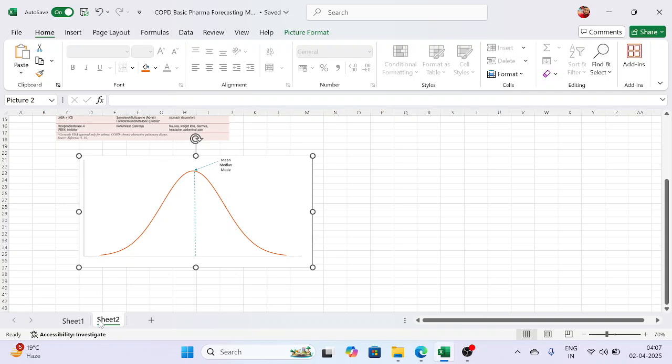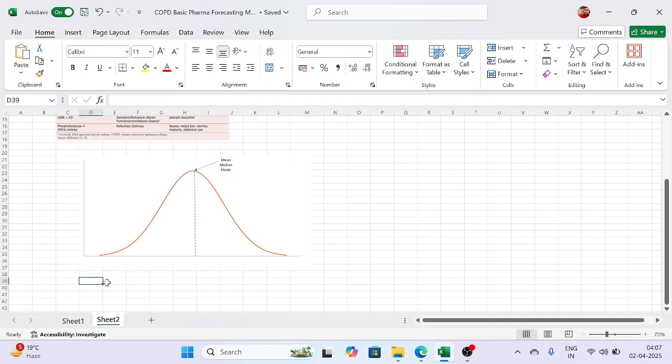Let's say initially your drug grabbed 3% share in the market when it was launched.